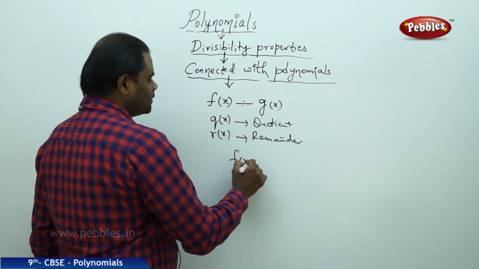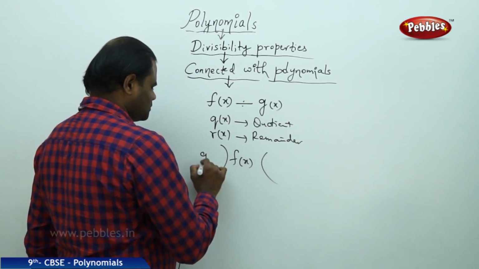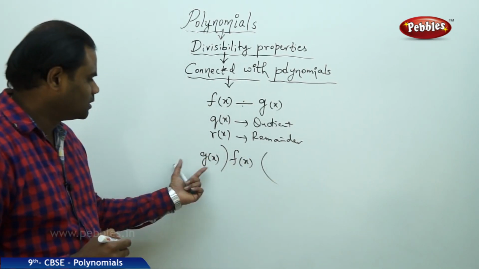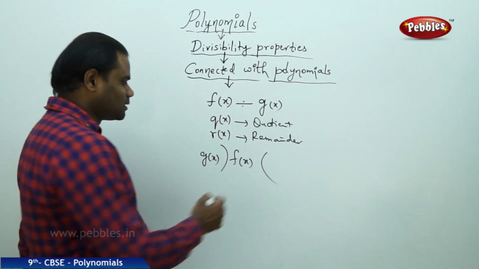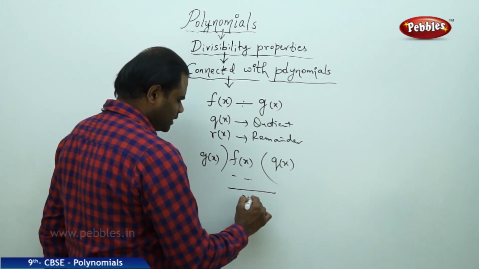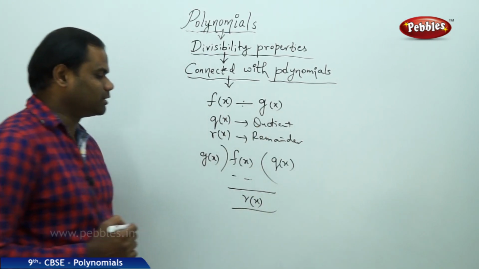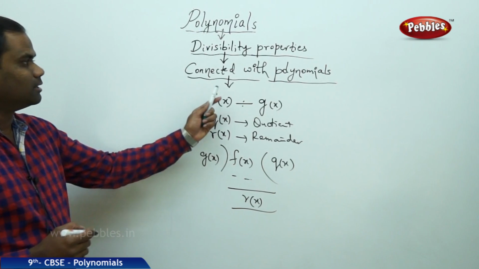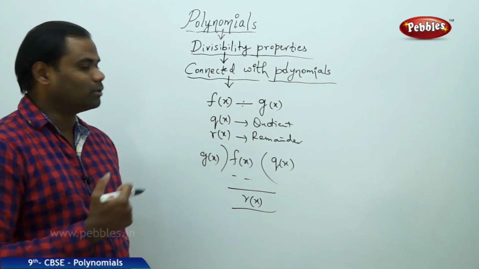That is, when I divide the polynomial f of x by g of x, I get my quotient, which is q of x, and then I get r of x, which is the remainder. That is how we understand divisibility connected with polynomials.